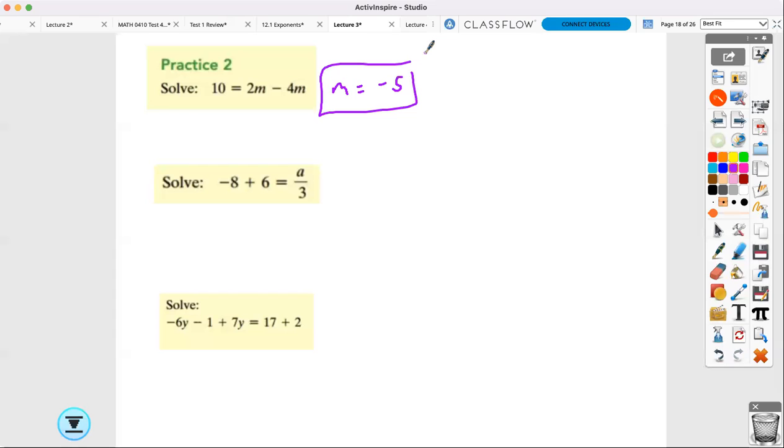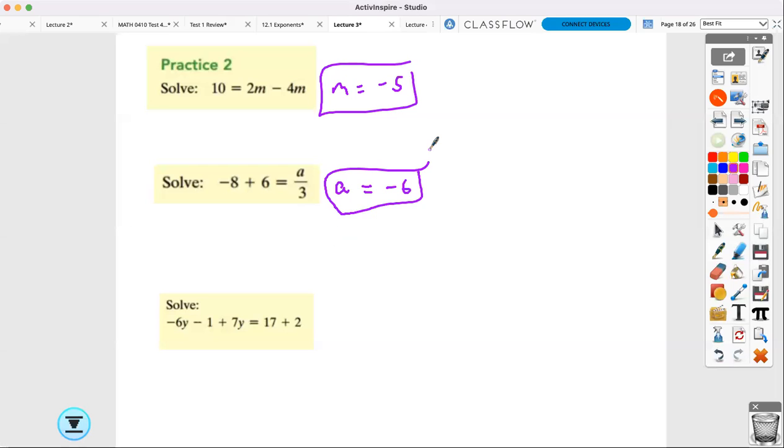All right, let's go ahead and start typing in the solution for the second practice problem. Excellent, guys.